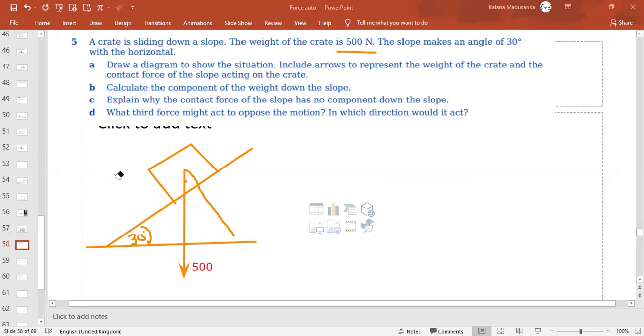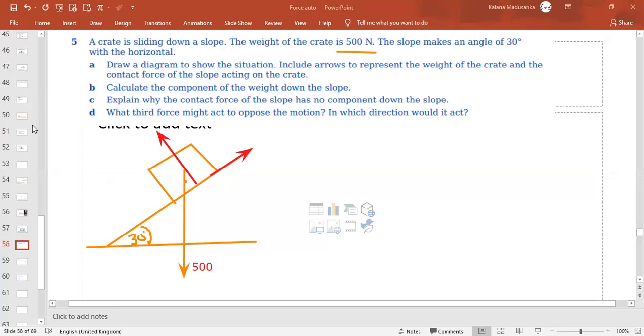Okay, I forgot to mention one force here. It is the reaction force, right? And since this plate is sloping down, the friction is in this direction, right?